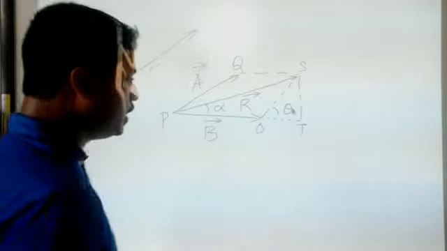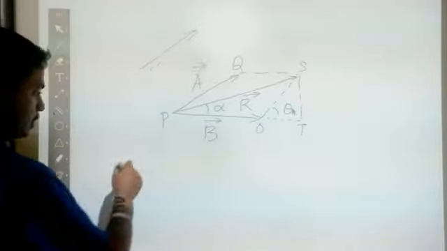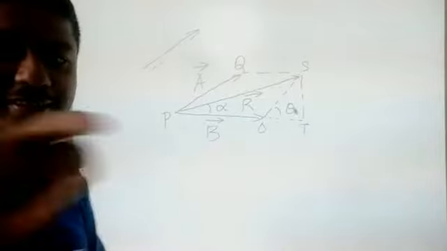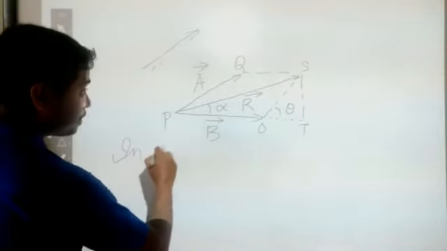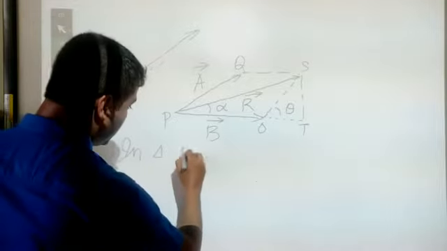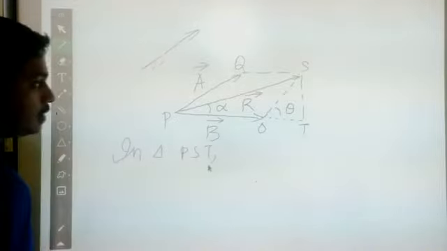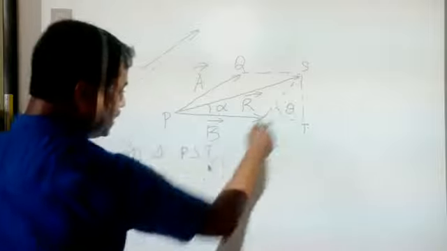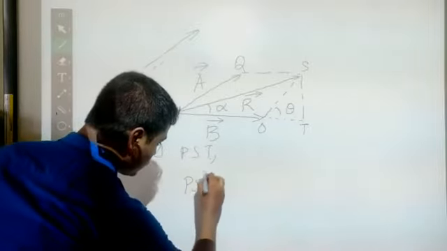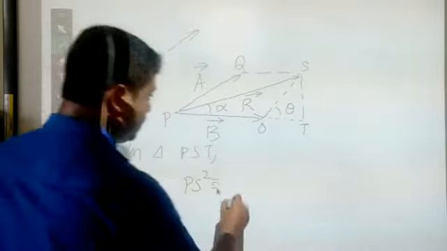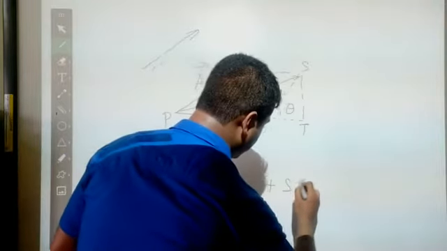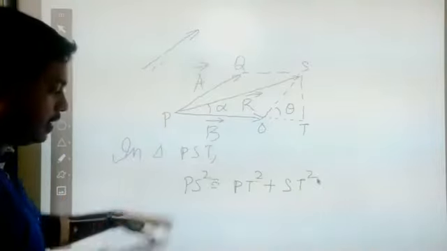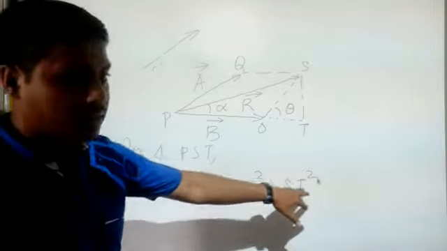Now we have to use the right angle triangle. So in the triangle we'll be using P, S and T. PS square is equal to PT square plus ST square.